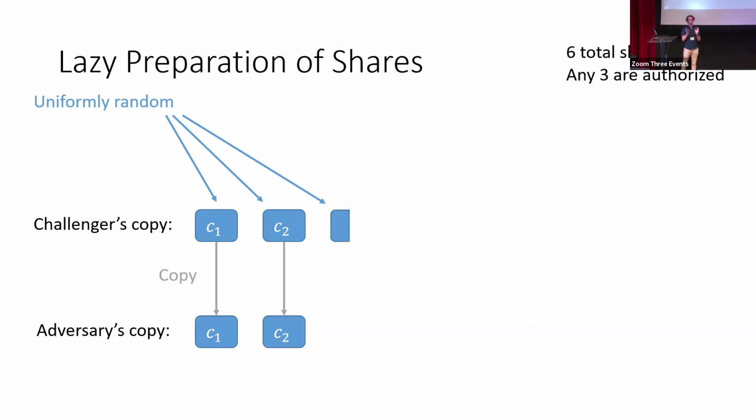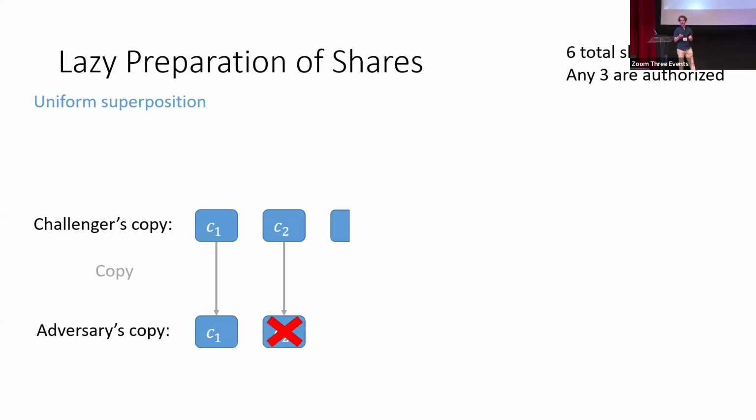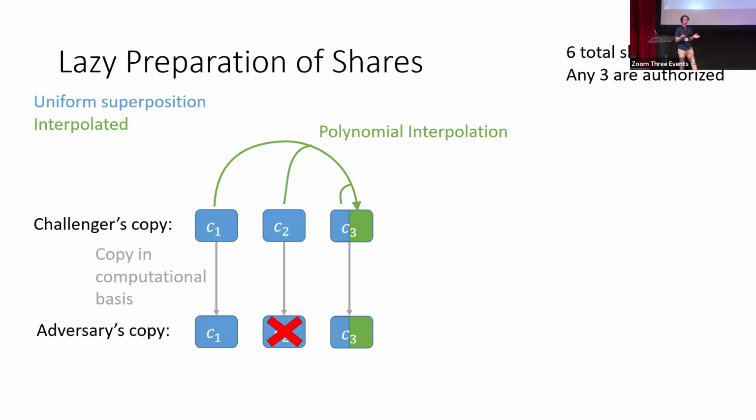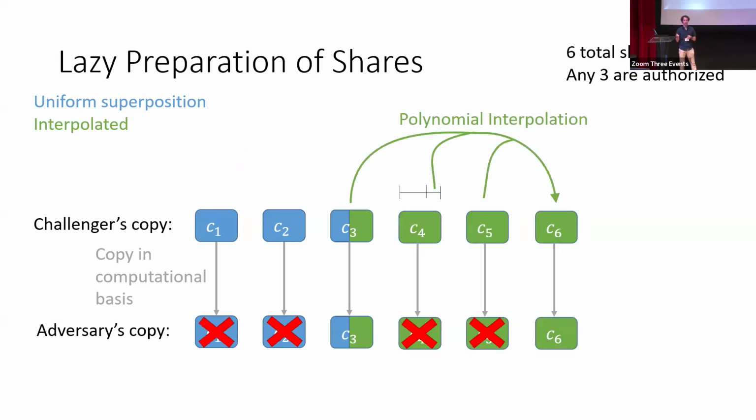And the first 2 shares, let's say, where 3 shares are authorized, don't yet determine the polynomial, so we can sample them uniformly at random. Before the adversary gets its 3rd share, it has to delete something. And then the 3rd share contains some redundant information, so we have to interpolate it from the previous values. And we can keep doing this to get the rest of the shares.